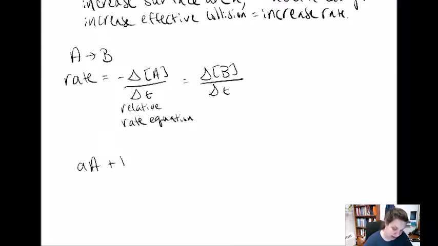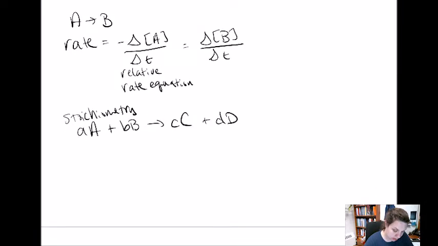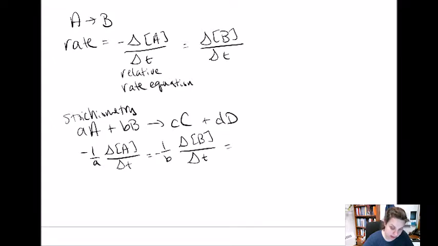So if we have aA plus bB going to cC plus dD, where all of our lowercase letters are the stoichiometric coefficients and uppercase are our species, taking into account stoichiometry, we would write our relative rate equations as -1/a delta A over delta t equals -1/b delta B over delta t equals 1/c delta C over delta t equals 1/d delta D over delta t.